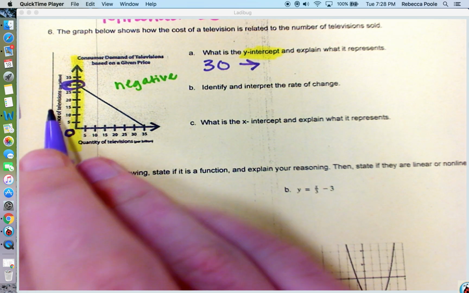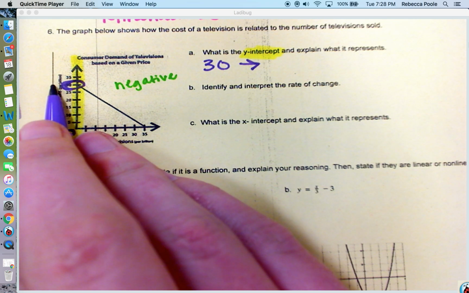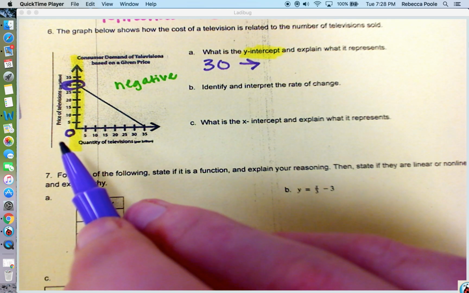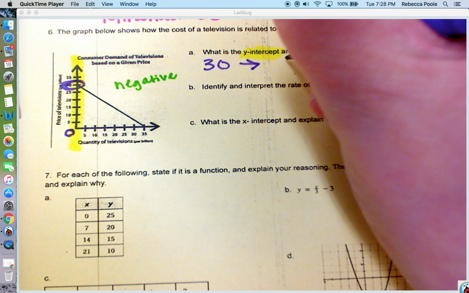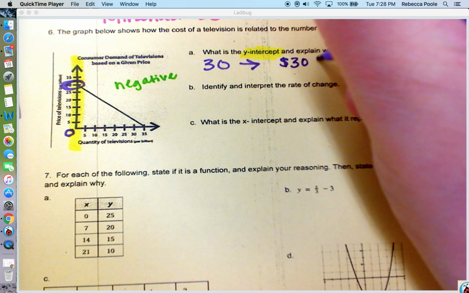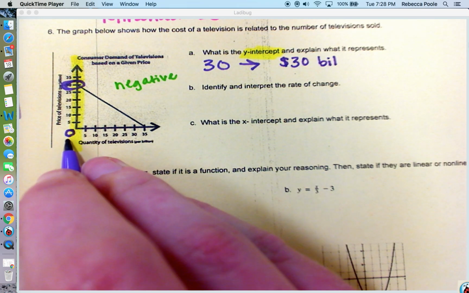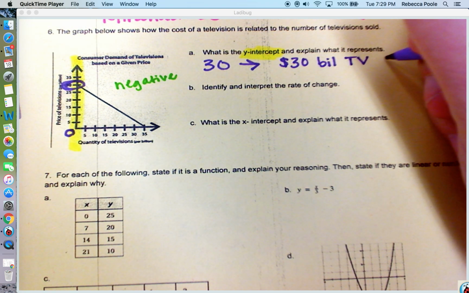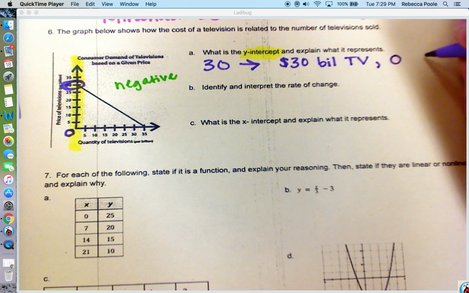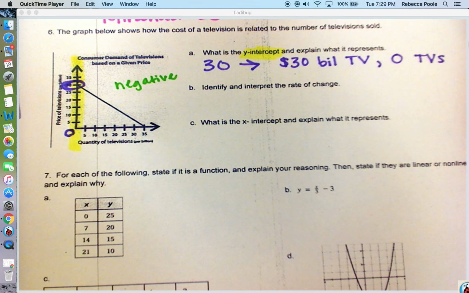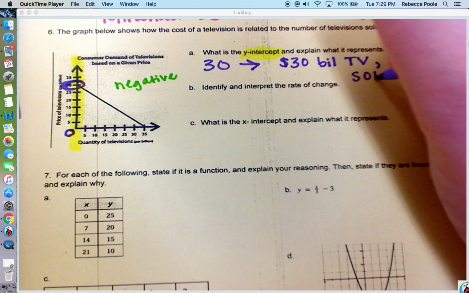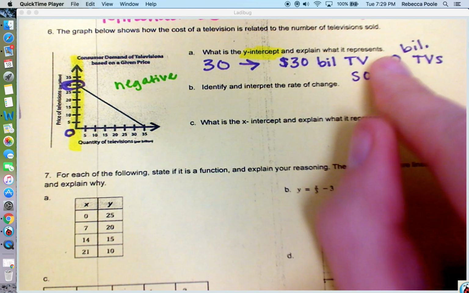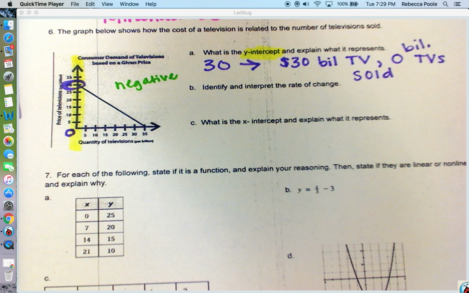So when the price of a television is 30, and I think that says billion, yep, so $30 billion, how many of them are sold? 0. And it also says this part is in billions. So 0 billion TVs sold, which makes sense.